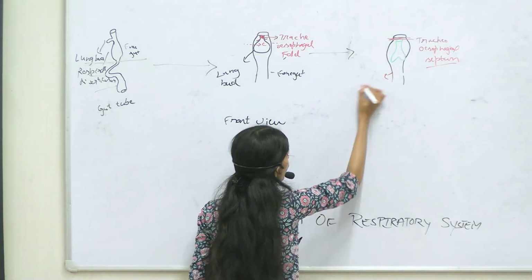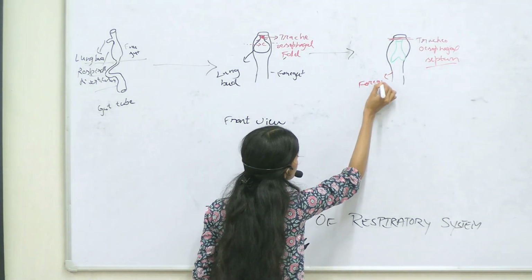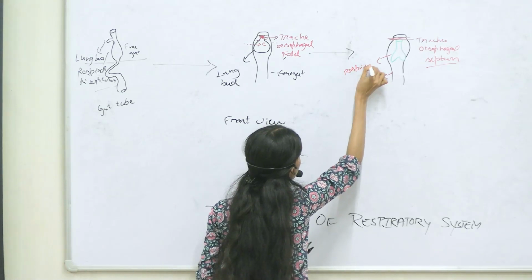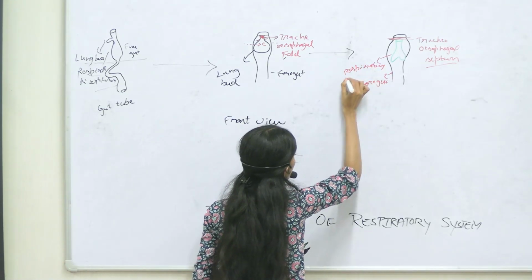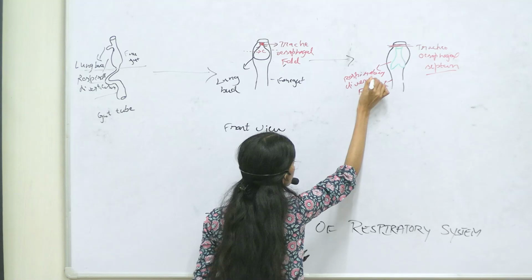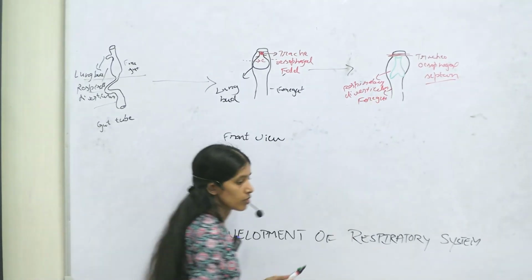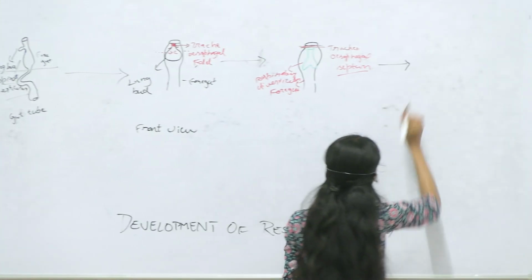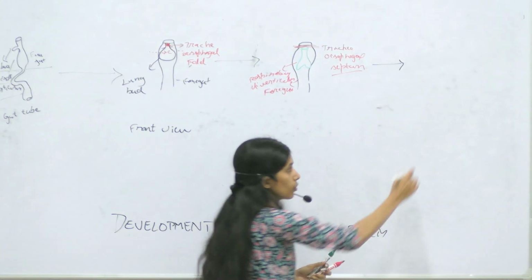This is foregut. And this is your respiratory diverticulum. Okay, once the separation takes place, this is how your respiratory diverticulum will look, okay?